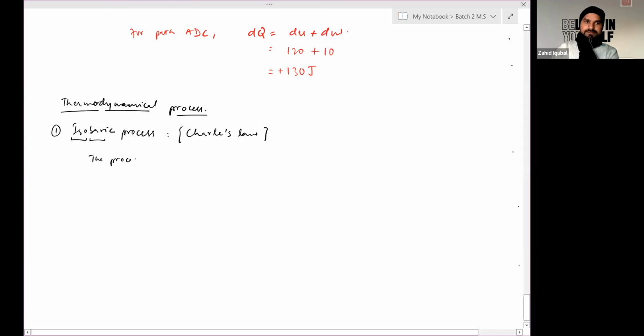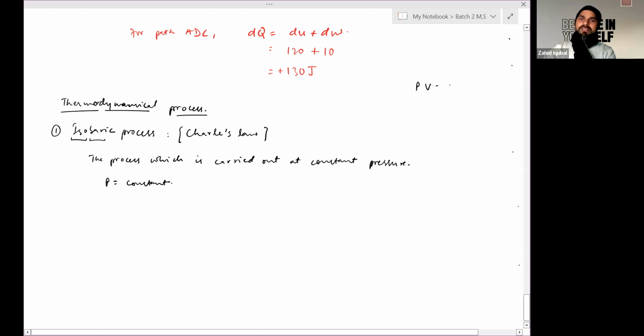The process which is carried out at constant pressure is called isobaric process. So P will be constant. According to the ideal gas equation, PV equals nRT.